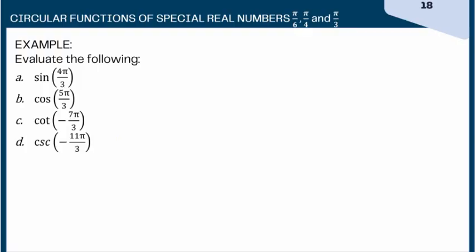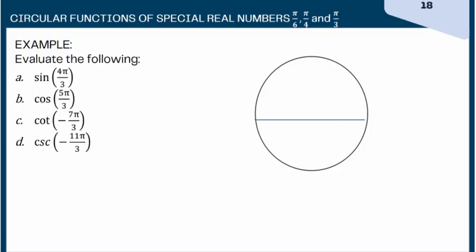So if we are talking about sine 4 pi over 3, meaning we have this unit circle na 4 pi over 3. So we are going to subdivide it into 3 equal parts for our semicircle. That would be ganyan. Tapos, we extend that portion here.